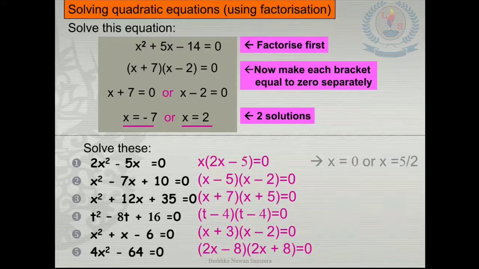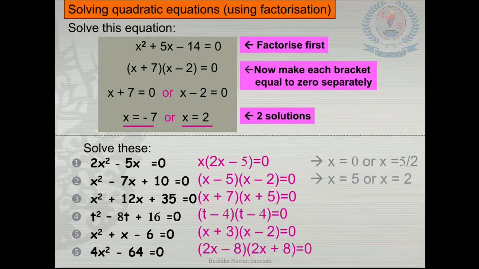Second one, x minus 5 and x minus 2 are the two factors. You can equal them to 0 separately. When you equal x minus 5 to 0, the answer is x equal 5. When you equal x minus 2 to 0, the answer is x equal 2. So answers are x equal 5 and x equal 2.